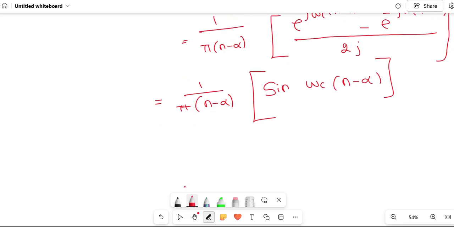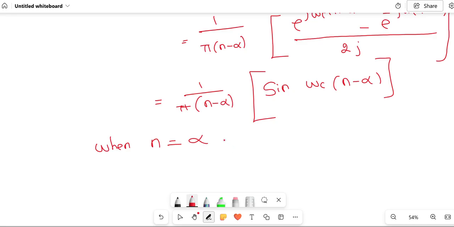Now, when n is equal to alpha, this term sin omega c n minus alpha by n minus alpha becomes 0 by 0, indeterminate. So, you can determine it by using L'Hospital's rule.